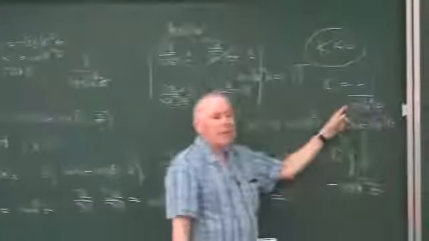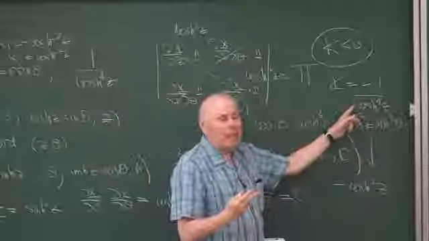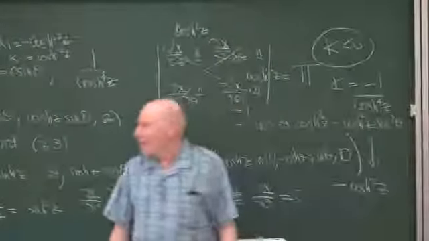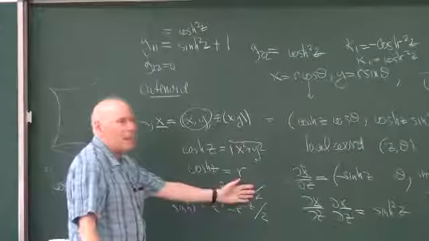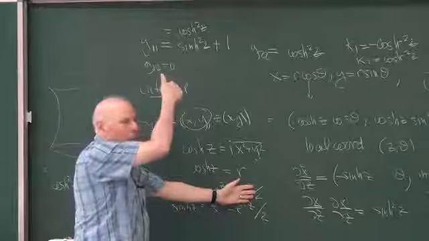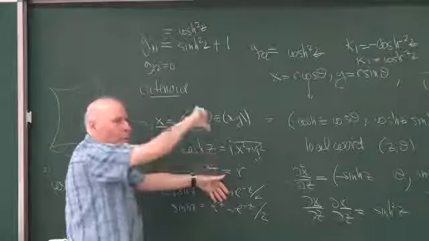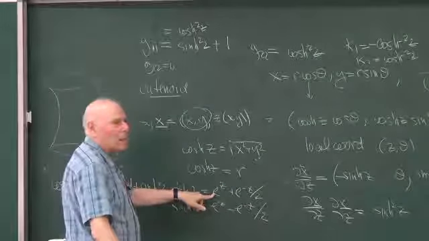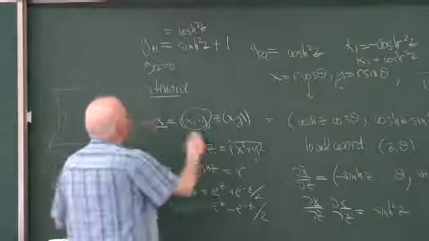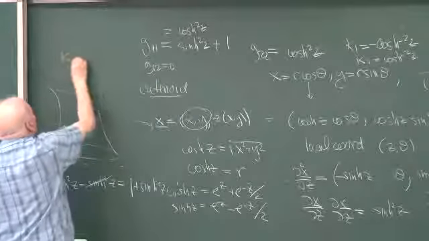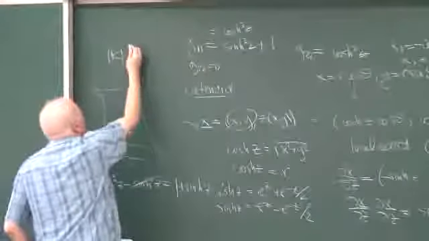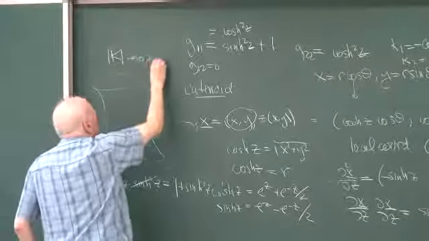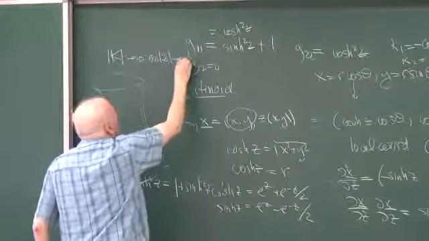It's because the Gauss curvature, while it's negative, as z gets very big, e to the z gets very big, e to the minus z is negligible, or vice versa. If z goes to minus infinity, this guy gets very big and this guy gets negligible. Either way, the Gauss curvature goes in magnitude to 0 as the magnitude of z goes to infinity.